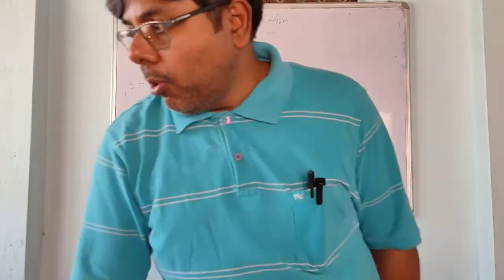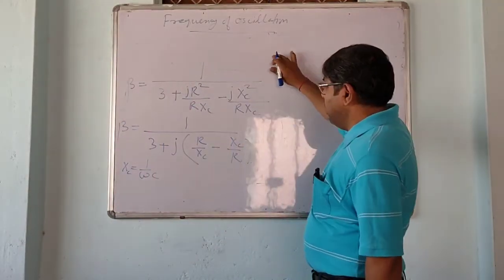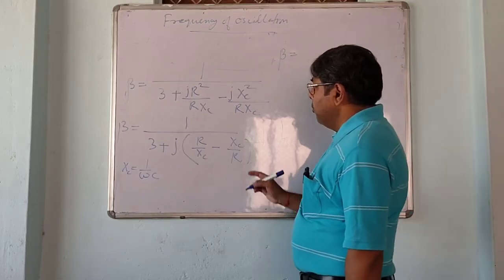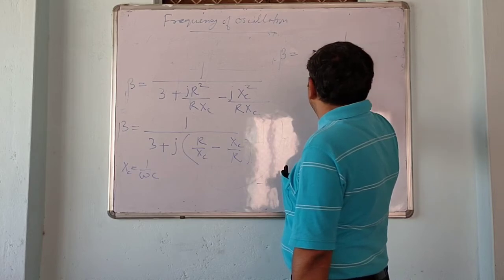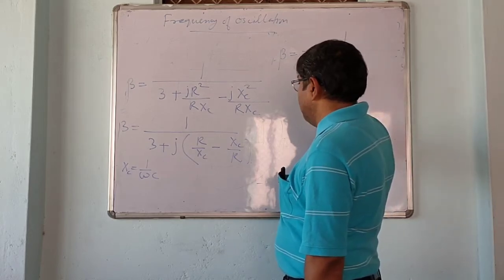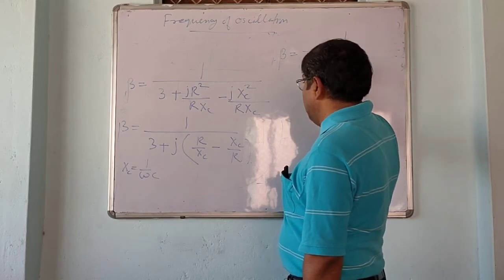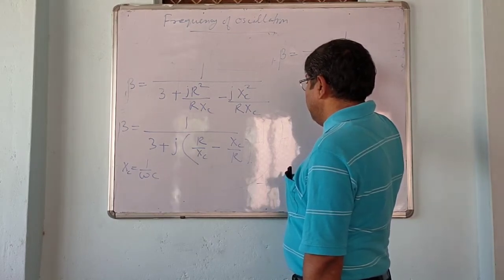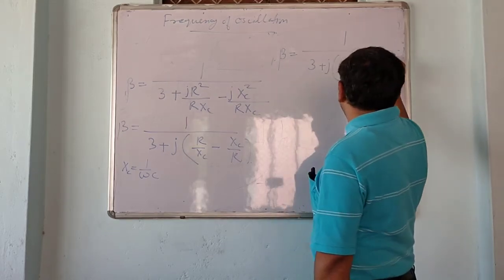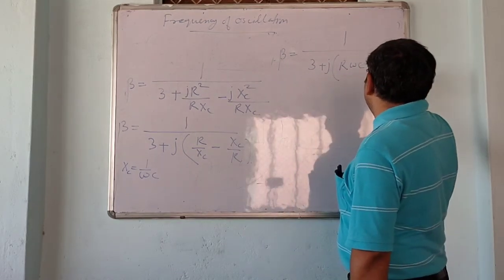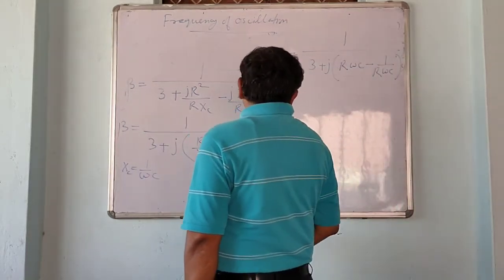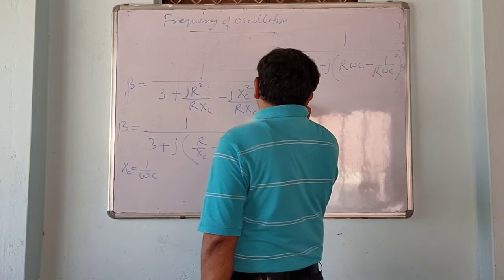After replacing the value of XC, you can get this beta. This is the feedback factor, 1 upon 3 plus j R omega C minus 1 upon R omega C. And what is about this A beta?